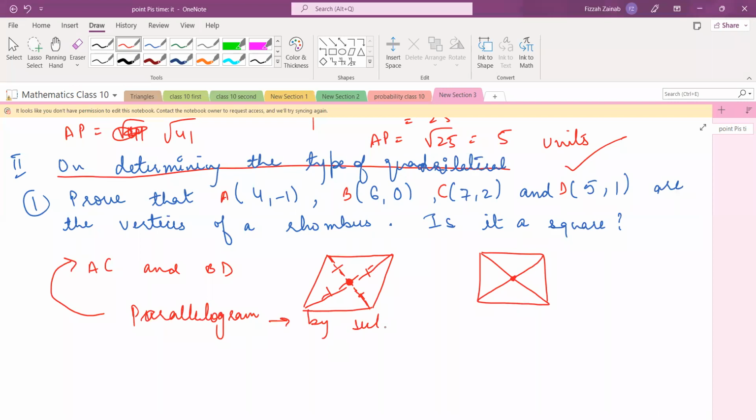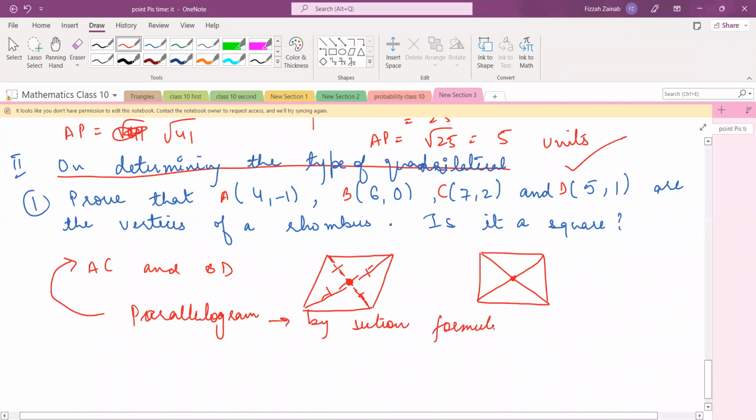If the diagonals are bisecting each other, that means it is a parallelogram because it is a property of a parallelogram, right? Am I right? Yes, ma'am. Of any parallelogram, the diagonals bisect each other. So if you find the midpoints and if the midpoints are the same, that means it is a parallelogram.